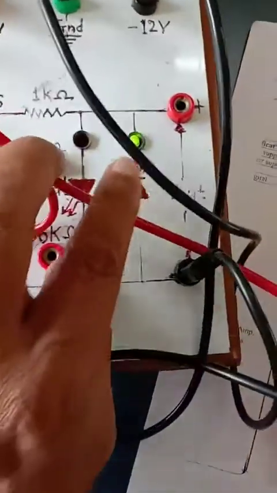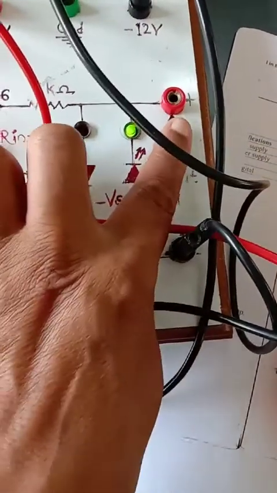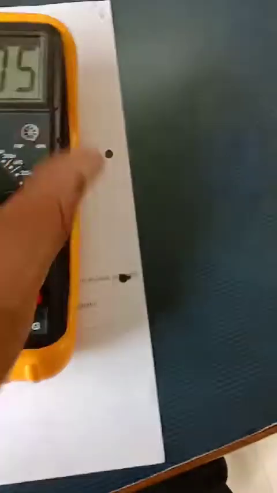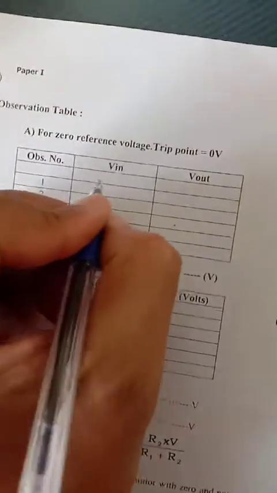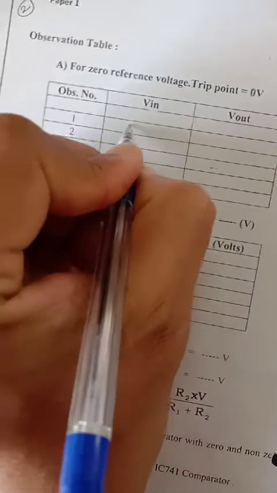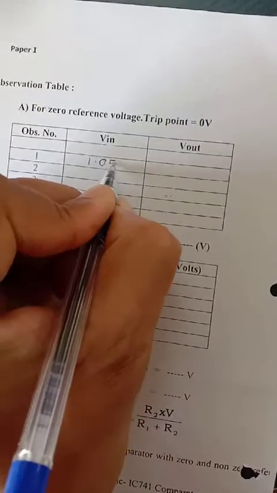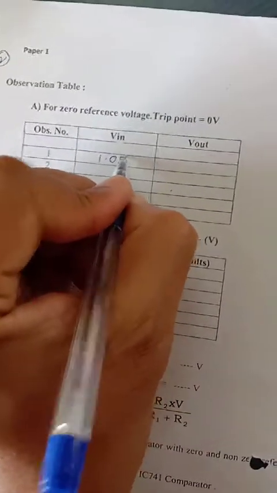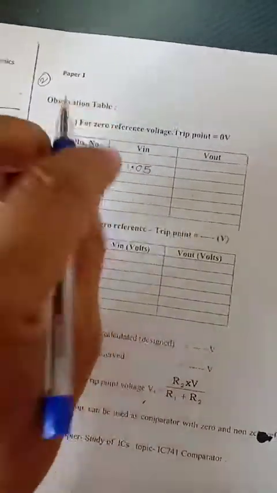See here, this LED is reverse biased, so the output will be negative. First of all, we have to note down this input voltage in this observation table. So I am writing the input voltage, 1.05 volt.